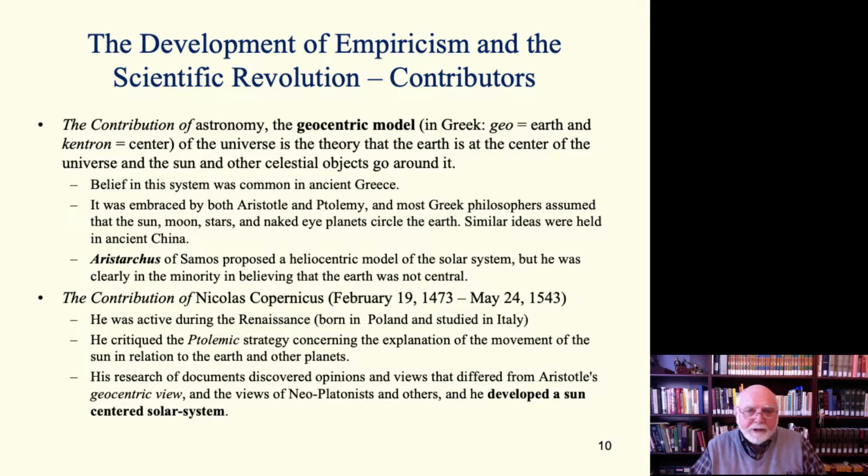And this was commonly held by Plato, by Aristotle in particular, Ptolemy, and most Greek philosophers assumed the sun, the moon, the stars were indeed planets flying around the Earth. And it was only one, Aristarchus, who really questioned that model. Indeed, he tended to say that the Earth was not central.